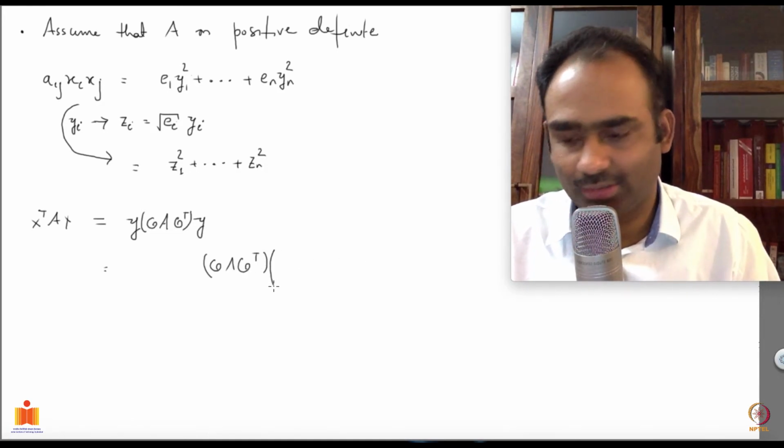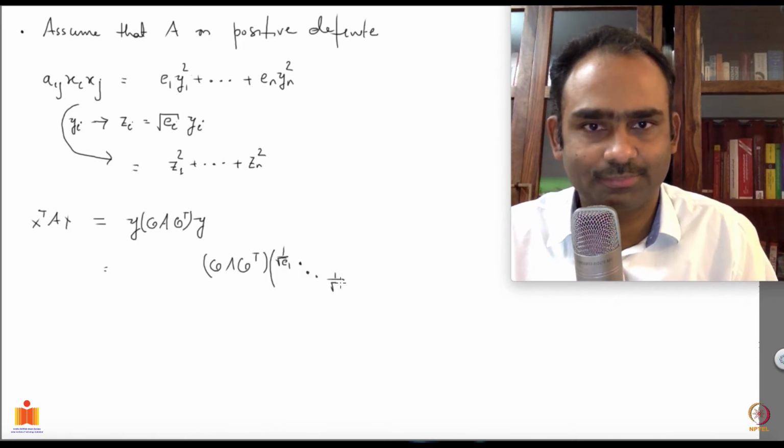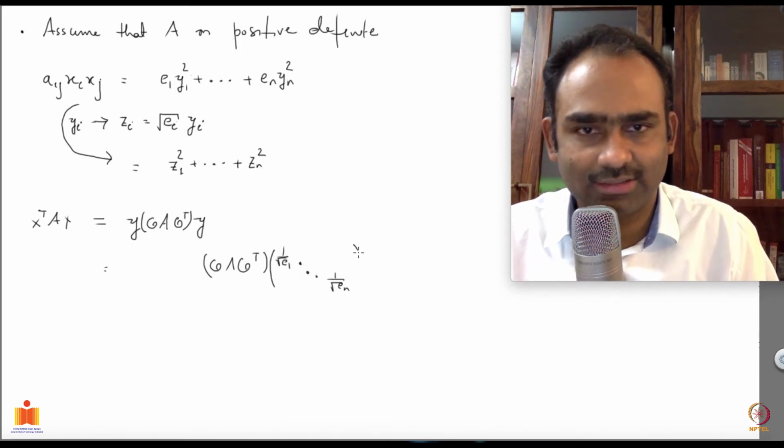Let's insert the following: 1 over square root of e_1 up to 1 over square root of e_n. These are all on the diagonals, these are diagonal matrices.